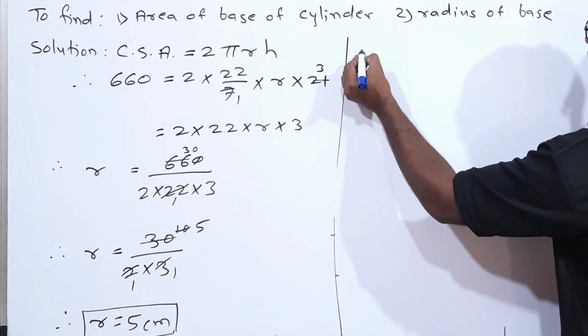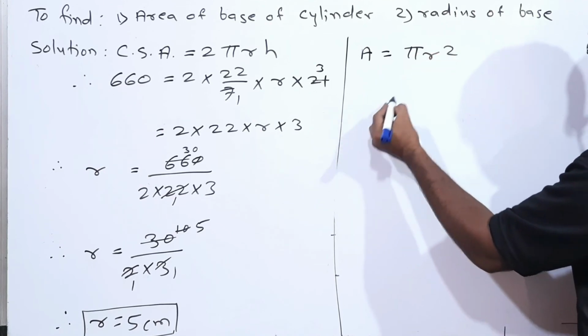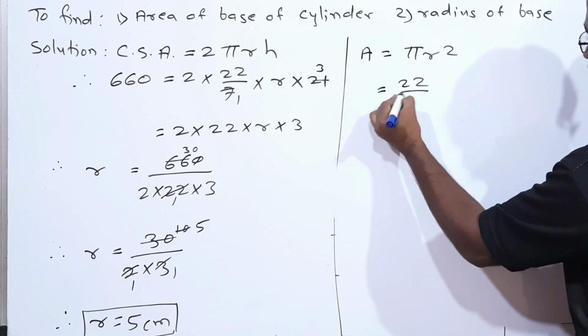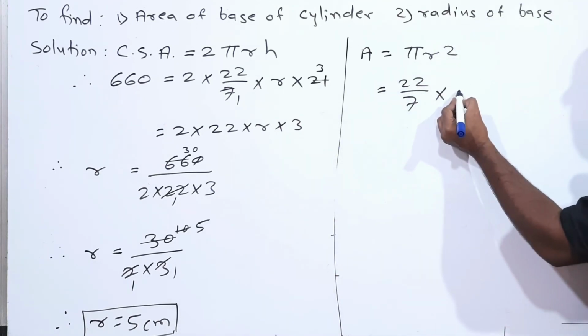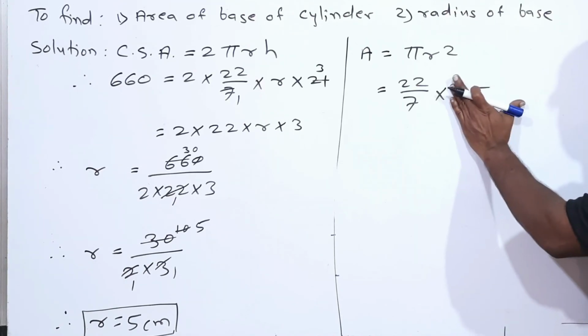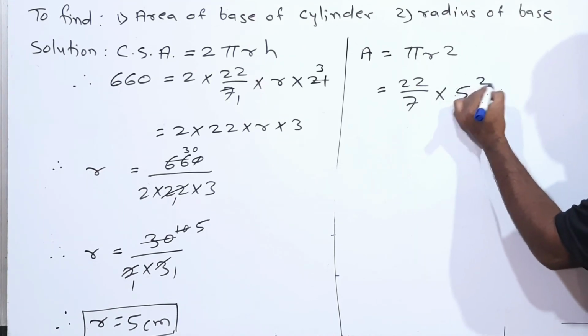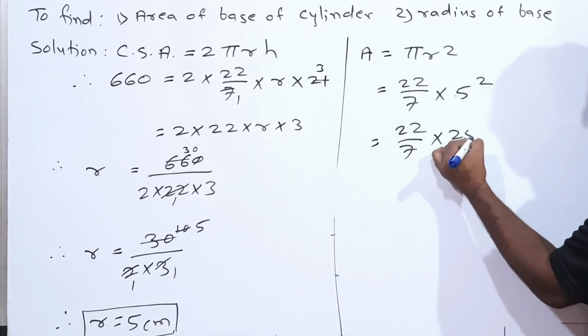Therefore area is equal to pi r square. Just replace the values: 22 upon 7 into r, we found 5. So 5 square is equal to 25. R square is equal to 5 square, so I will write 5 square. That is equals to 22 upon 7 multiplied by 25.